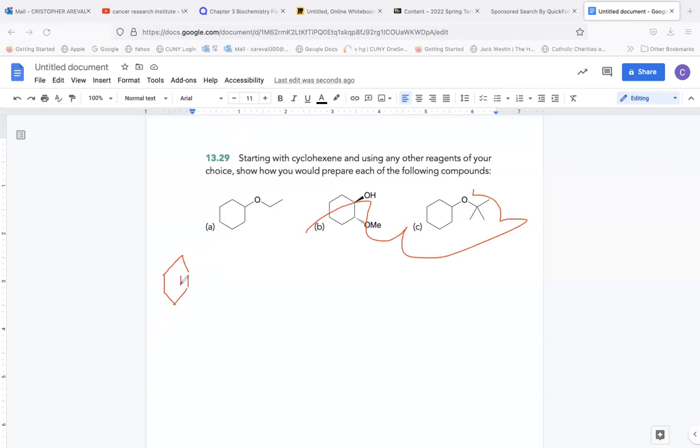We have a cyclohexene. Read the instructions: you can use any reagents of your choice. You know this. Think of it like a little synthesis problem.